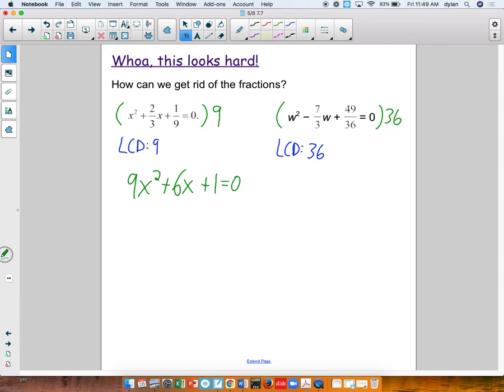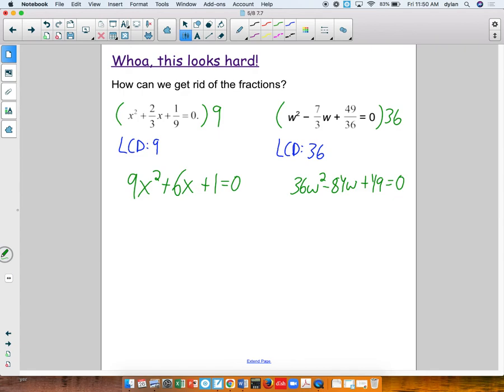And we would end up with 36w squared minus 84w, because 36 divided by 3 is 12. 12 times 7 is 84. Plus 49 equals 0.